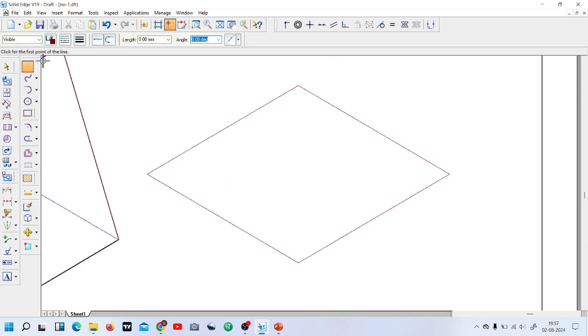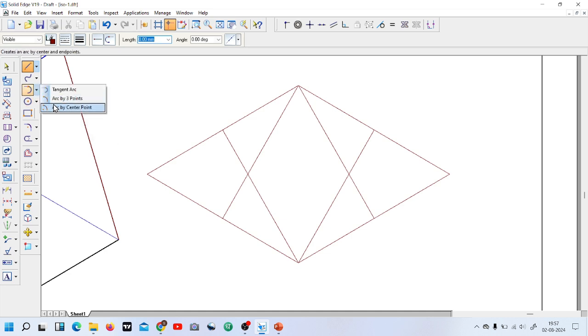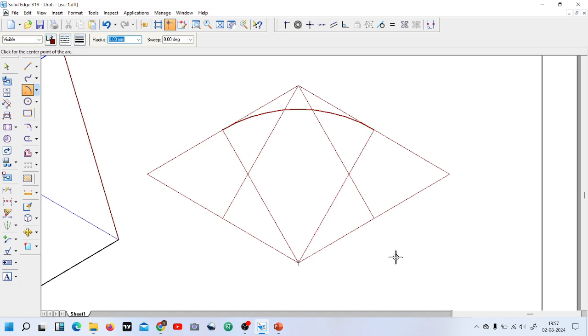Now take a line again. From this corner point you connect to the midpoint here. Again from this corner point connect to the midpoint over here, and again from this corner point, you are going to get a midpoint. Similarly here. Now take an arc by center point method. Keep this as the center point and this much as the radius, and draw an arc here.